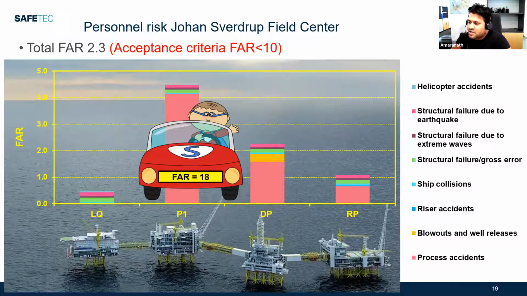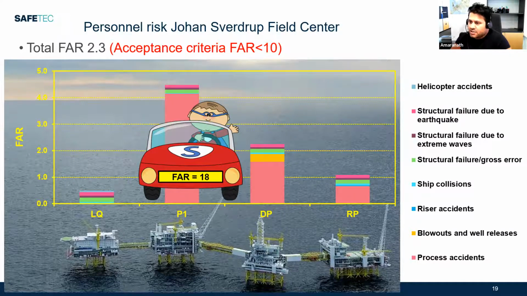But if you drive a car in Norway, you have a FAR value of 18, and this shows you that it's much safer to work offshore compared to driving a car on the street. So that means we have quite strict safety regulations offshore to prevent major accidents and the impact on personal safety and also the environment.